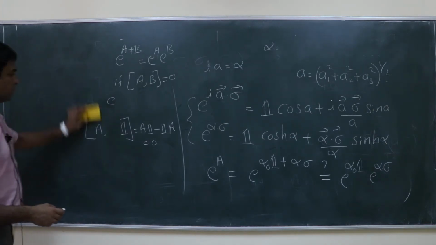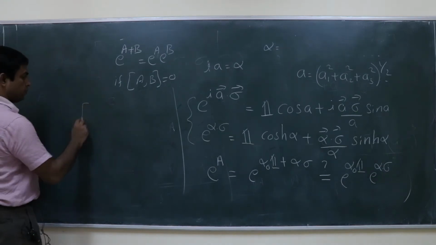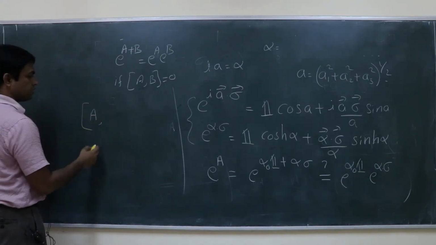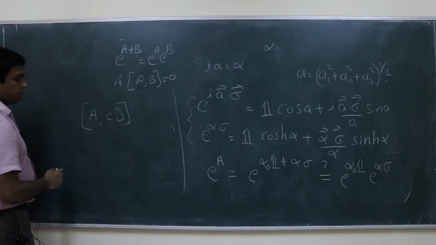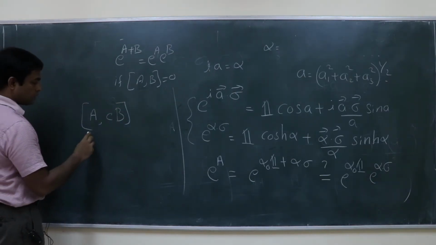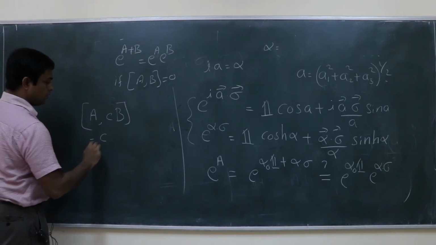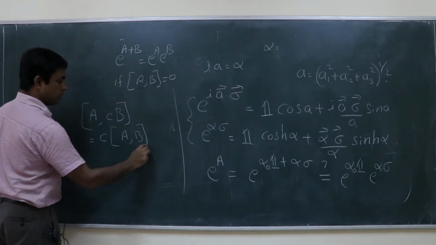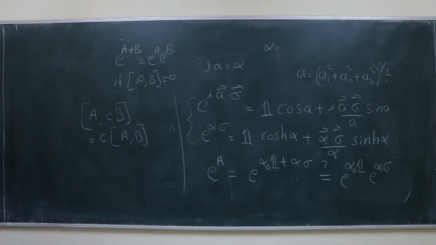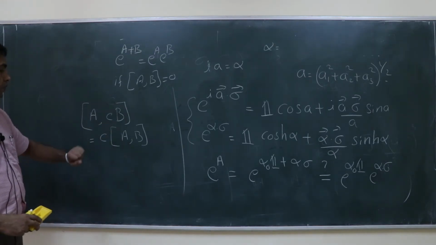So the next question is, if I write down a matrix and some constant times another matrix, what is this equal to? Can I write this as C times the commutator of A and B, where C is a number?